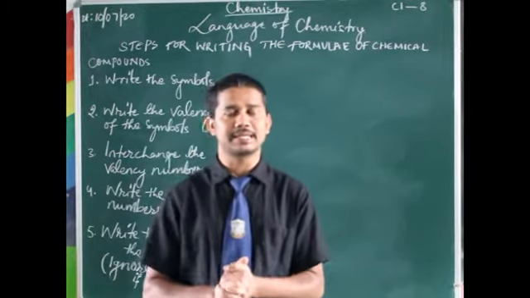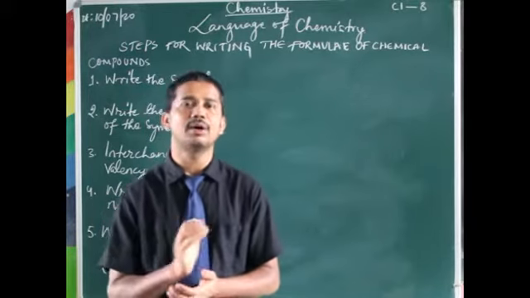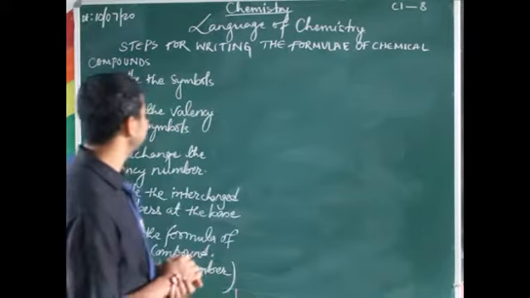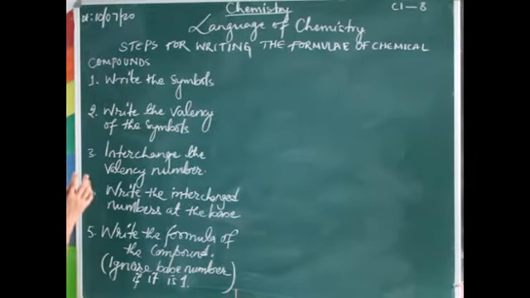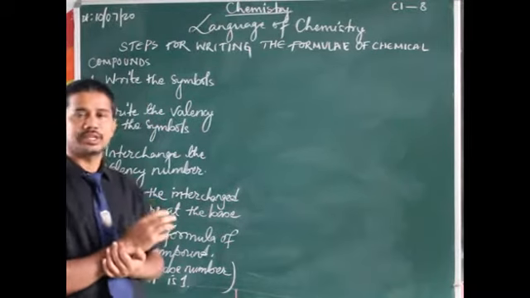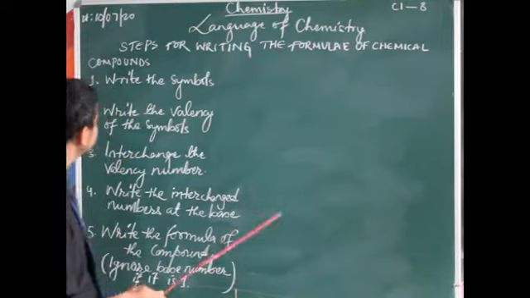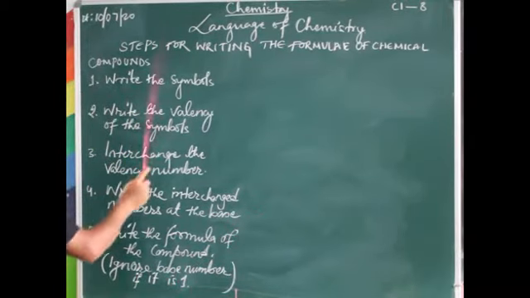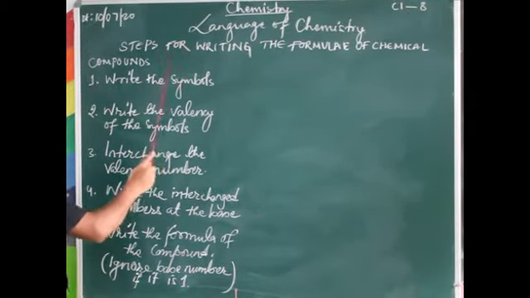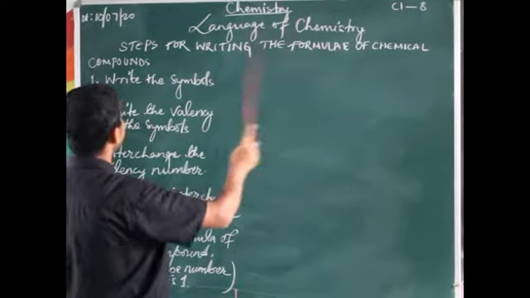So before writing the molecular formula or chemical formula for a compound, you should know what steps we need to follow in order to write a chemical formula. These are 5 steps for writing the formulae of chemical compounds.